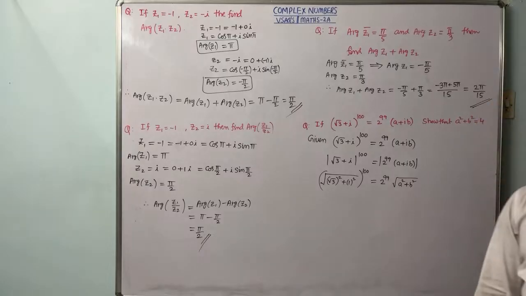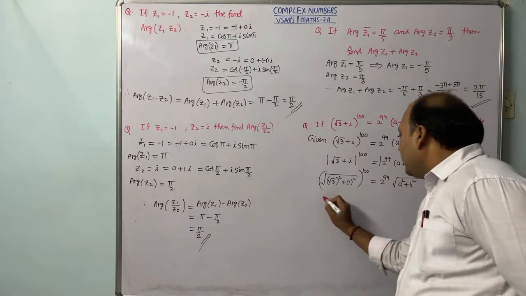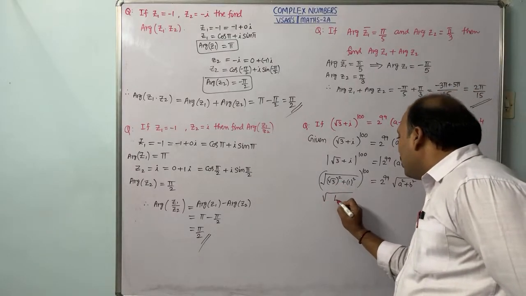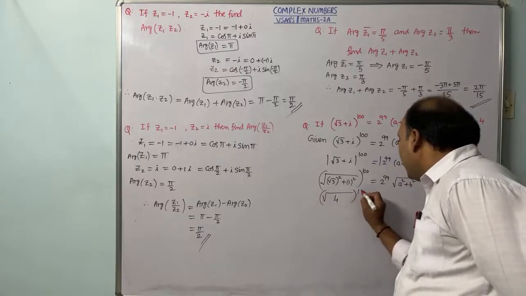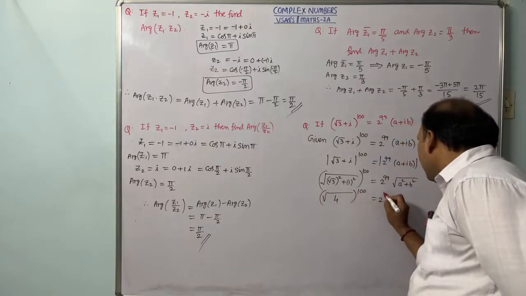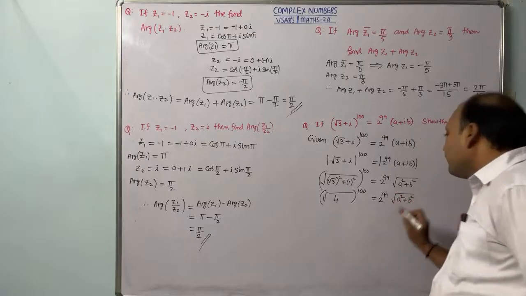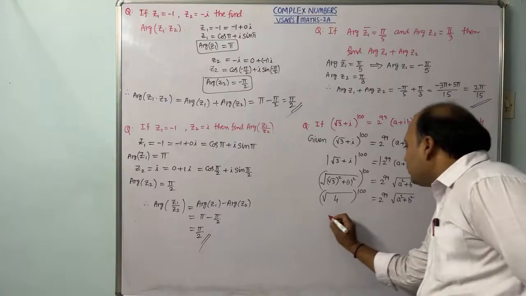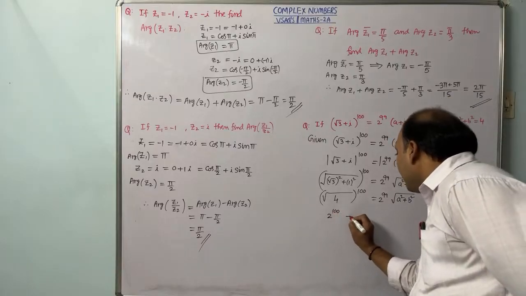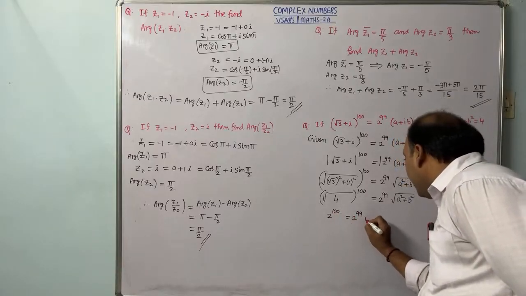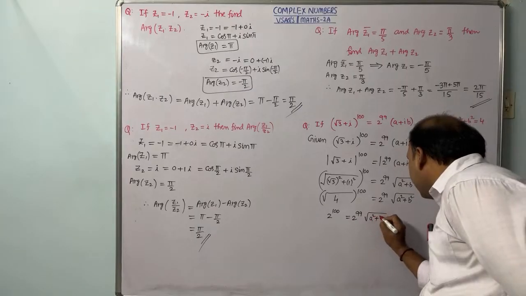Okay, dear students? So root 3 squared plus 1 is 4, whole power 100, is equal to 2 power 99 root of a square plus b square. Root 4 means 2 only, so 2 power 100 is equal to 2 power 99 into root of a square plus b square.